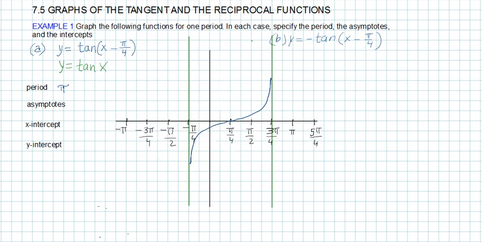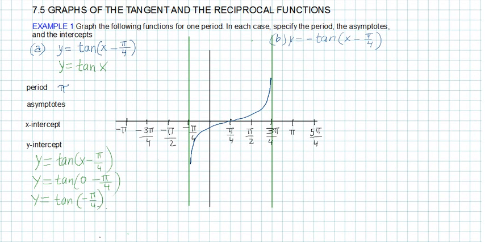So let's do some calculations. We start with the original function. y equals tangent of x minus pi over 4. So at the y-intercept, x equals 0. So let's substitute x. Tangent of 0 minus pi over 4, which is the same thing as tangent of negative pi over 4.